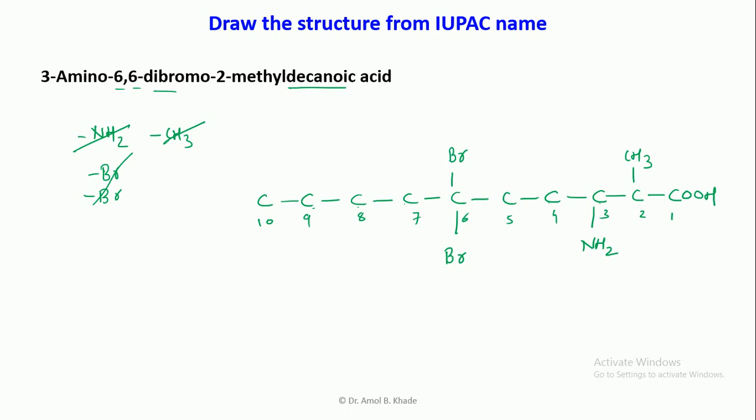So 10 carbons are also there. Now we have to complete the valency of the carbon, so it will be CH2, this will be CH2, CH2, this is already completed, CH2, CH2, this will be CH, and this will be CH. Okay, so this is the correct structure for 3 amino 6 dibromo 2 methyl decanoic acid. Alright, okay.